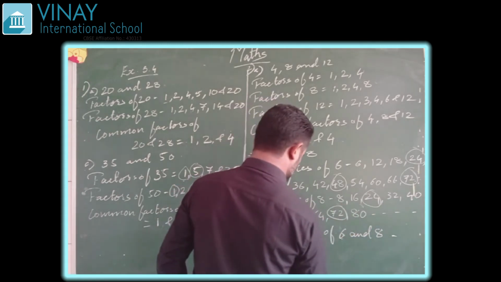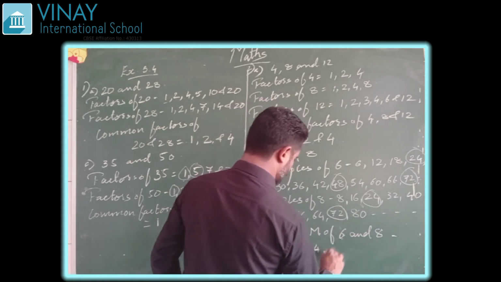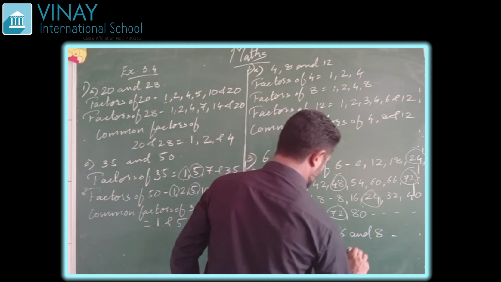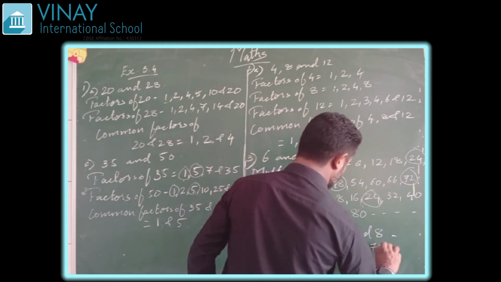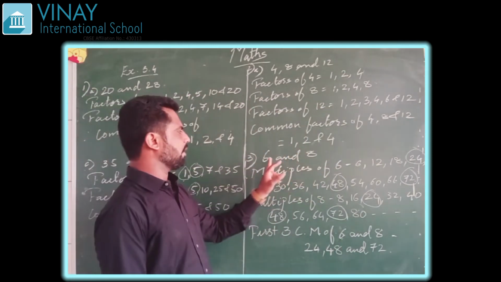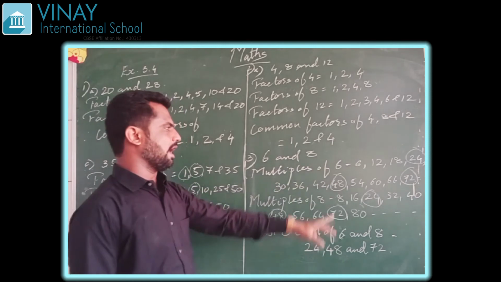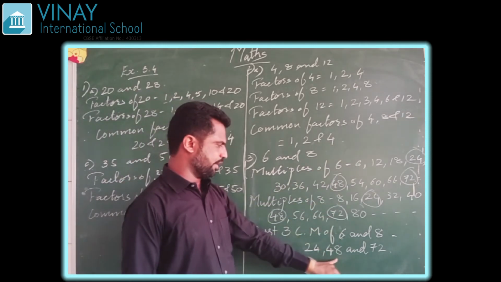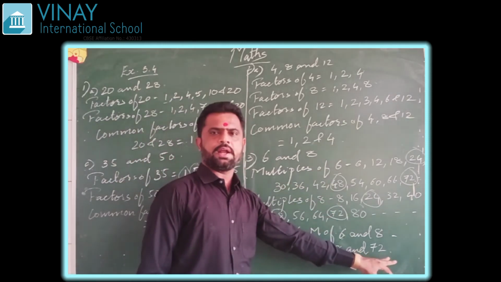So they are 24, 48 and 72. So the first three common multiples of 6 and 8 are 24, 48 and 72.